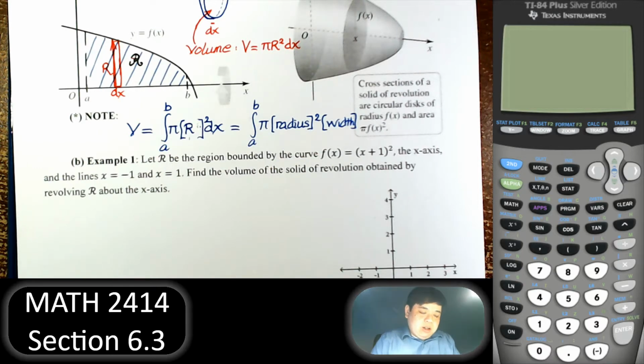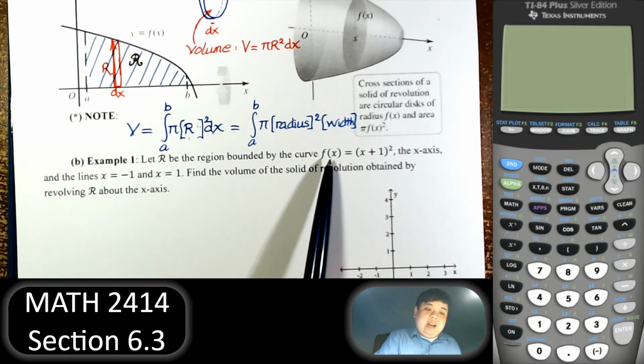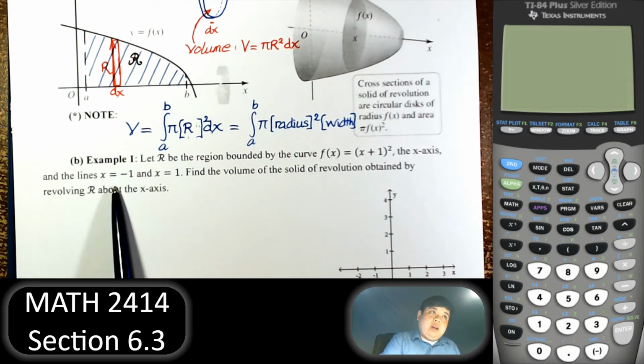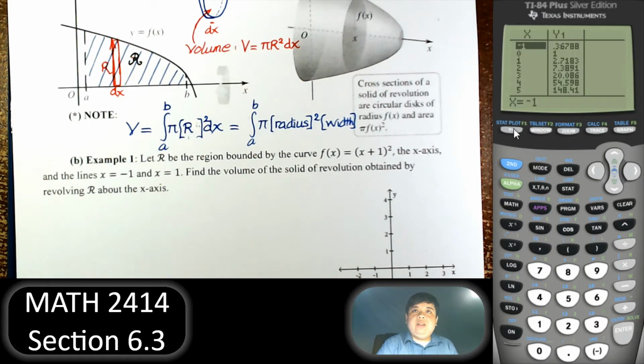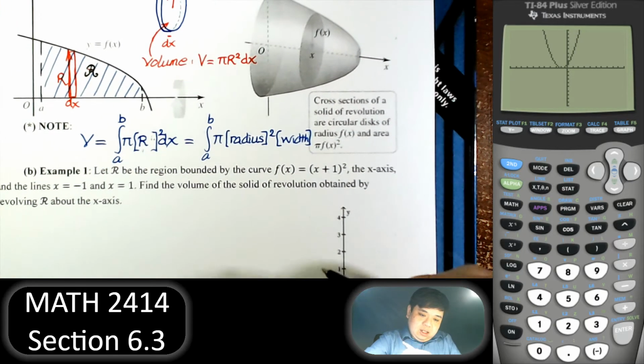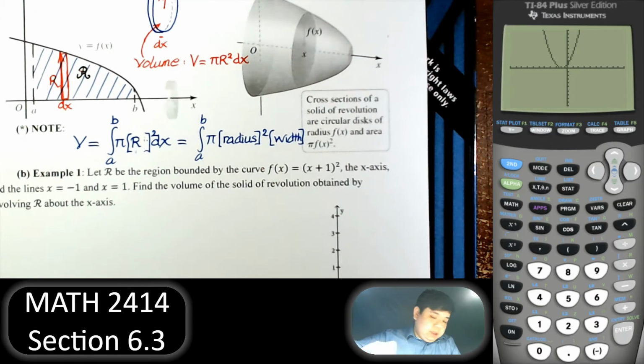Right, so let's look at the first example. Let R be the region bounded by the curve f of x equals x plus 1 squared, the x-axis, and the lines x equals -1 and x equals 1. Let's see the graph. x plus 1 squared is pretty much just the standard parabola, moved 1 unit to the left.